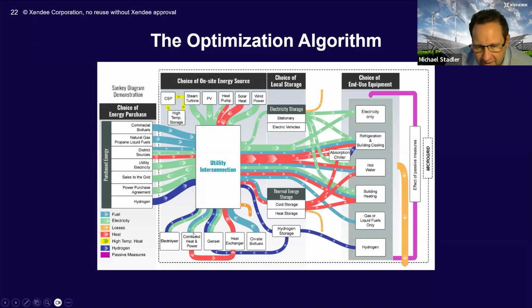We generate electricity, but at the same time, we also have waste heat, which we can use either in an absorption chiller to cool the building, or we can use it for heating the building. But at the same time, a solar thermal system can also produce heat and be used in the absorption chiller or for hot water needs. At the same time, photovoltaics is competing with the combined heat and power because it's generating electricity.